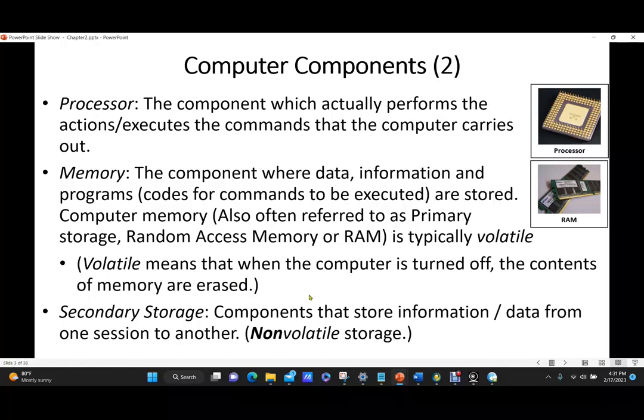Secondary storage is the non-volatile storage where information is stored that you don't want to lose, that you will want to use for a later session.